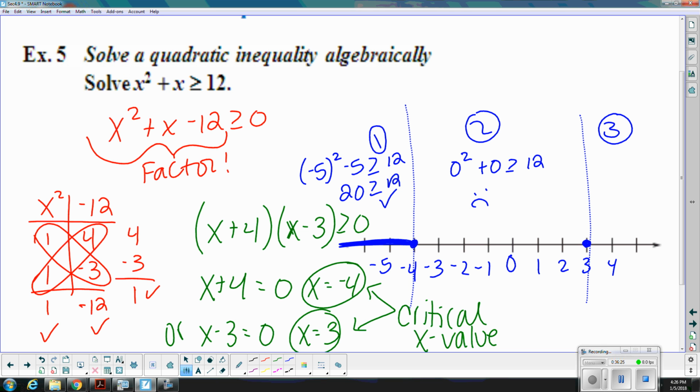And then for the third one, we'll do 4. So is 4 squared plus 4 greater than or equal to 12? So that's 16 plus 4, that's 20. 20 is greater than or equal to 12. Yes. So here's our other part of the solution.